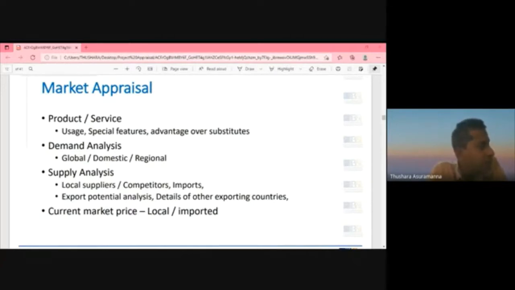Another example. Let's say the client is planning to engage in exporting fish, say to EU markets. But right now we see some developments where the European Union and other EU countries are going to put a stop on GSP+.